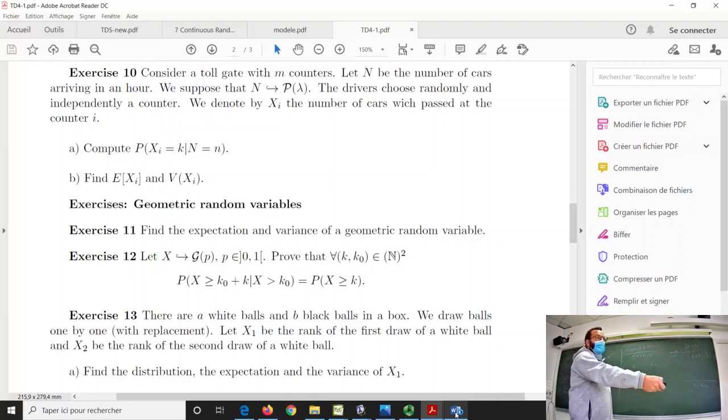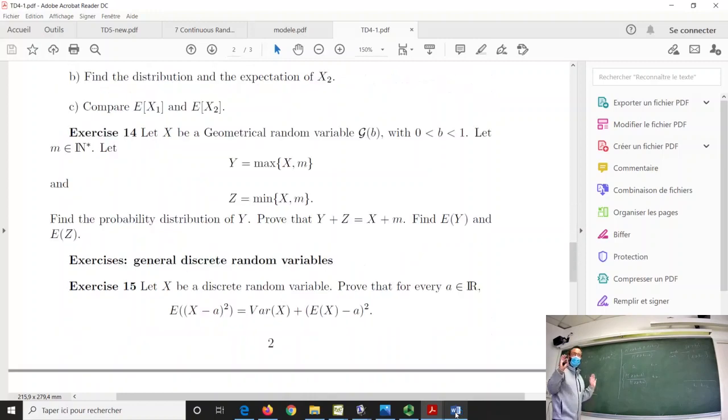If I want you to compute this term, you have to compute the probability that x is greater or equal than some i. For this one, the same. For this one, the same. So if I compute it for this one, then plugging k0 plus k instead of i, or k0 plus 1 instead of i, I will have what I want. Okay?